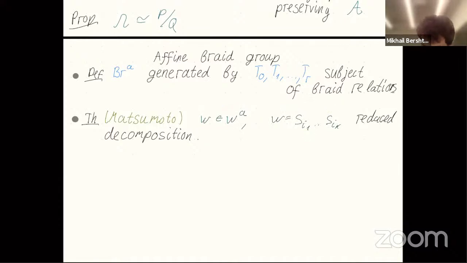Then the element T_w, which is a product of T_{i_1} and so on up to T_{i_k}, does not depend on the choice of decomposition.